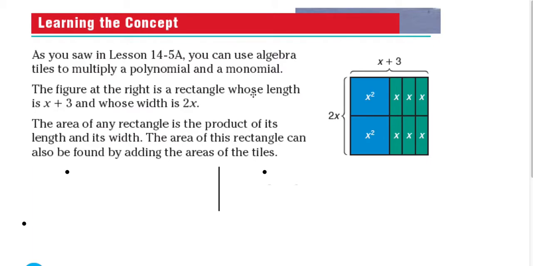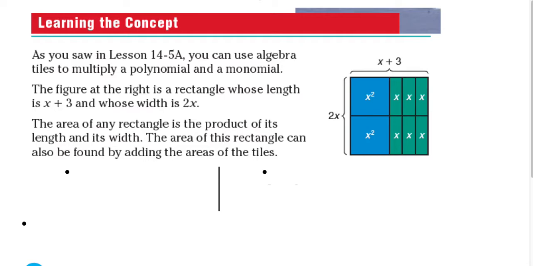Okay, as you saw in 14.5a, wherein we used algebra tiles to get the product of a monomial and a polynomial, you can use algebra tiles to multiply a polynomial and a monomial. The figure at the right is a rectangle whose length is x plus 3. Why is it x plus 3?